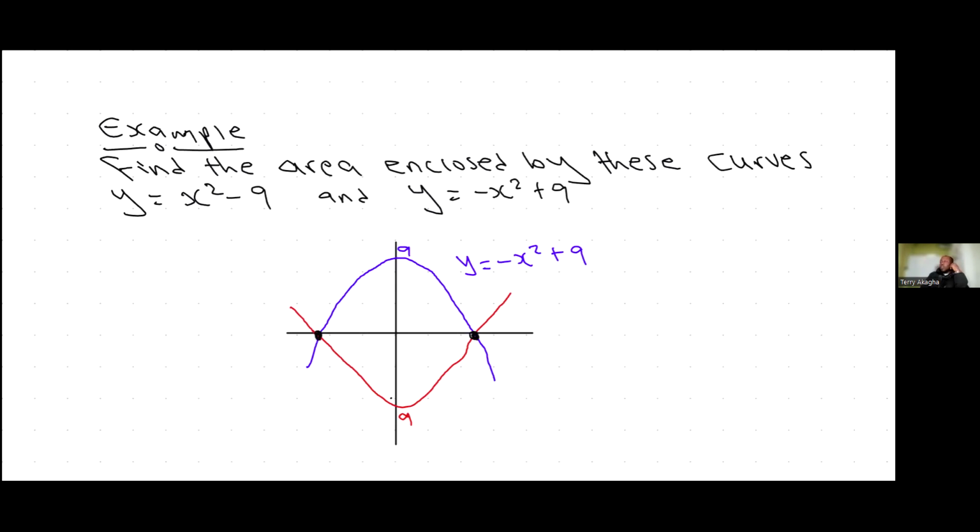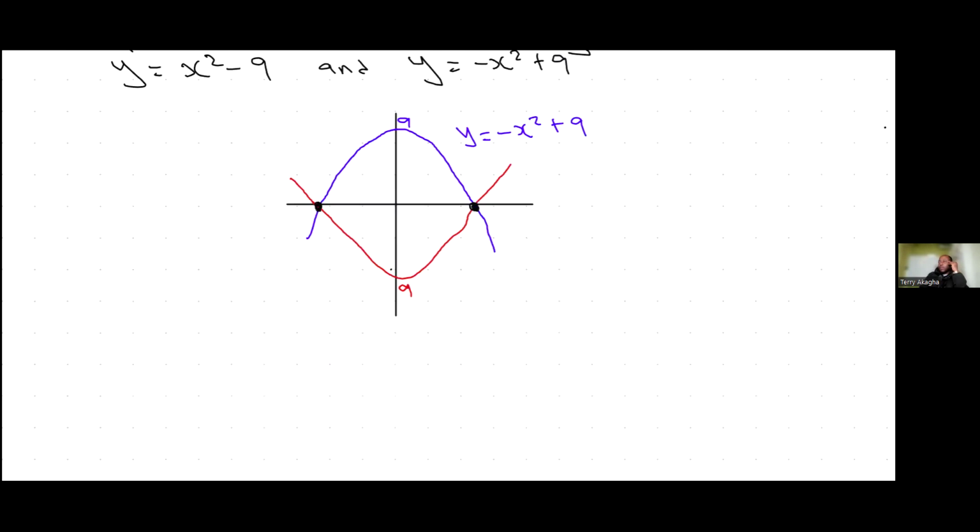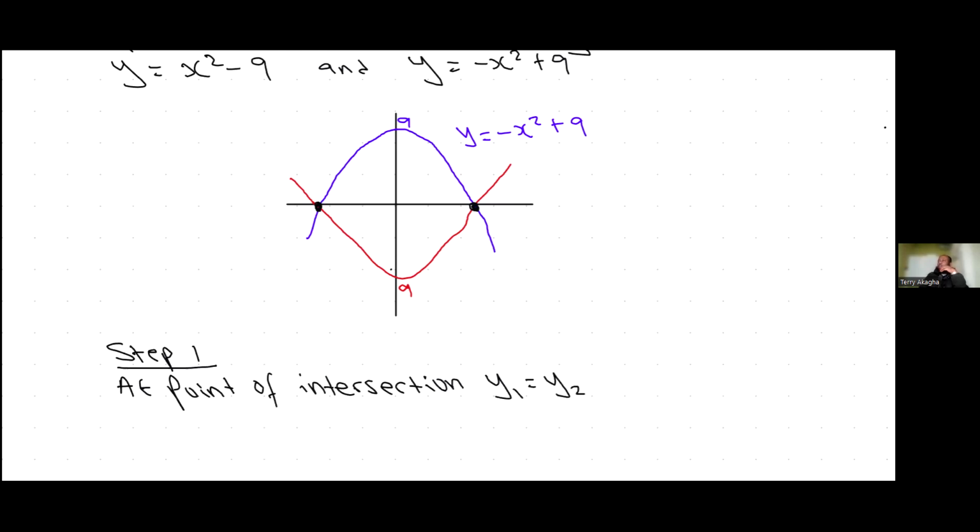All right, so what do we need to do? We need to find that point of intersection. That is step 1. And as you know, at point of intersection, like what I said in coordinate geometry, y1 will be equal to y2. Oh, I forgot to label this one.